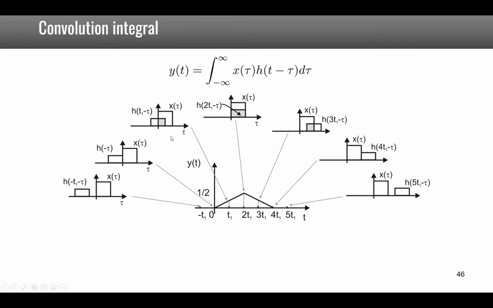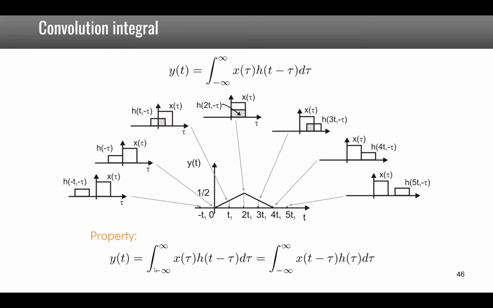Actually, the resulting function will increase linearly until the maximum where the two boxes are matching as here, and so the area is maximum. Then as you continue shifting your function, the area will decrease again and go to 0.